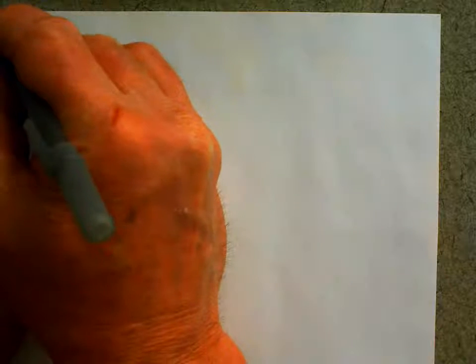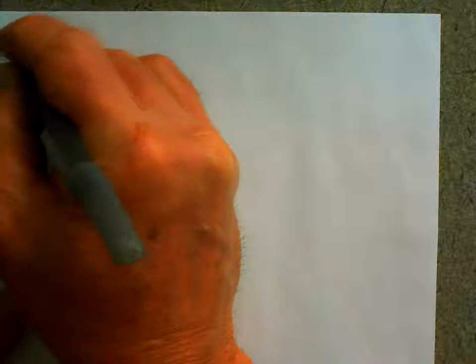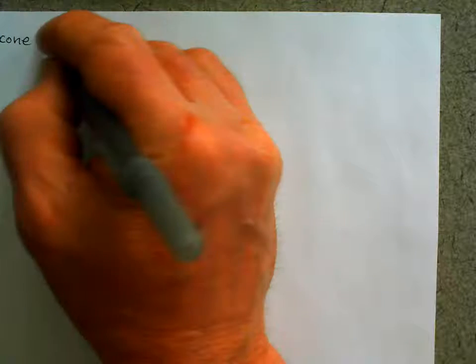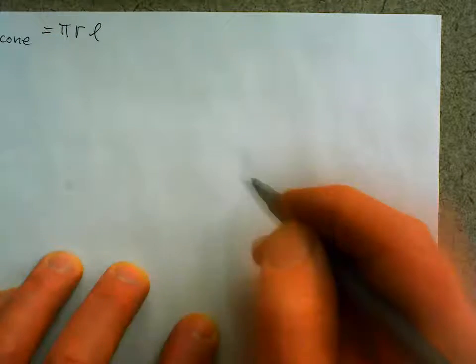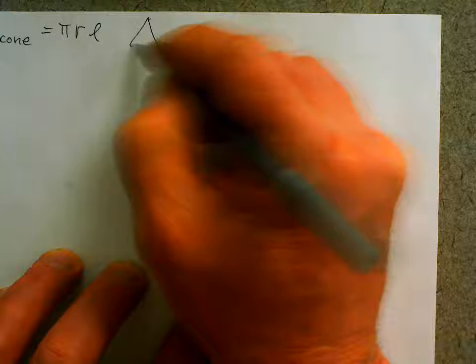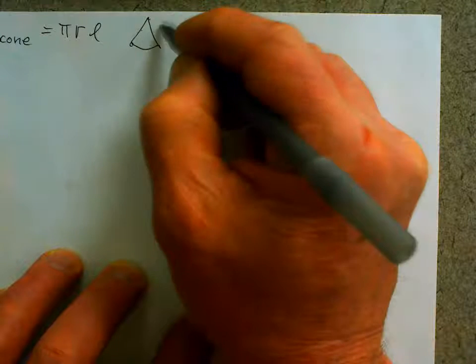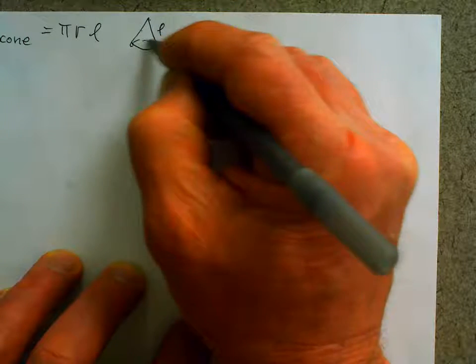So for reference, I'll just rewrite the lateral surface area of a cone in general, pi times r times L. So here's a cone, lateral surface area.